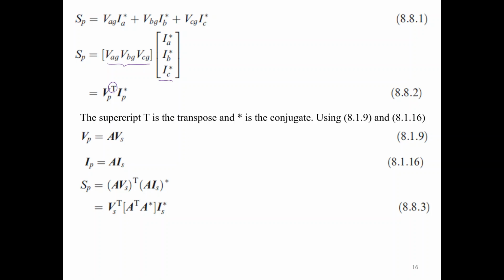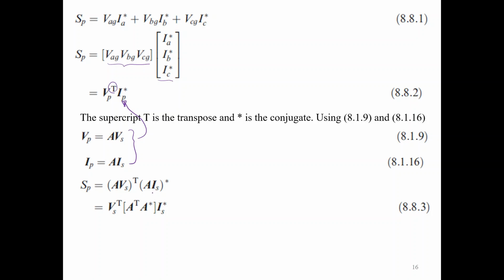So what we have to do here is that we know that VP is A times Vs and IP is A times Is. So we just put these two relationships in this formula and you get this line. Now you rearrange this a little bit, because you get (A Vs) transpose times A times Is conjugate.